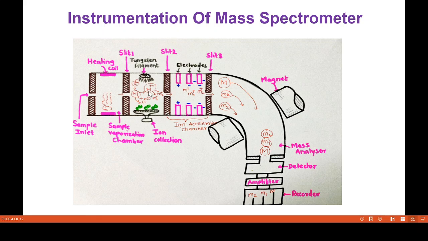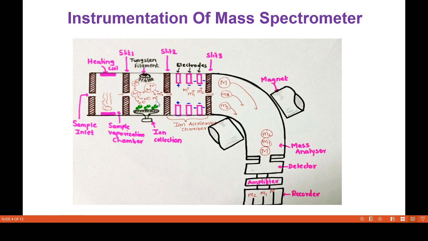These positive ions are further transferred into the ion acceleration chamber, and the negative electrons are collected in the ion collection. In the ion acceleration chamber, three types of electrodes are present. The first one is a positive electrode, the second one is a negative electrode, and the third one is a more negative electrode.